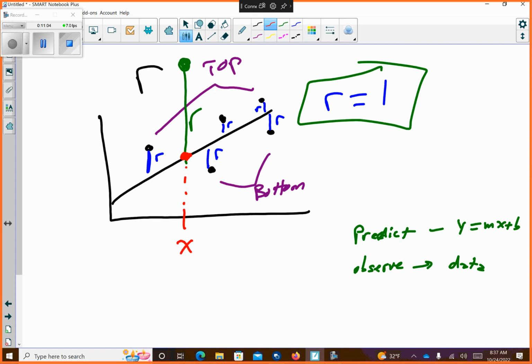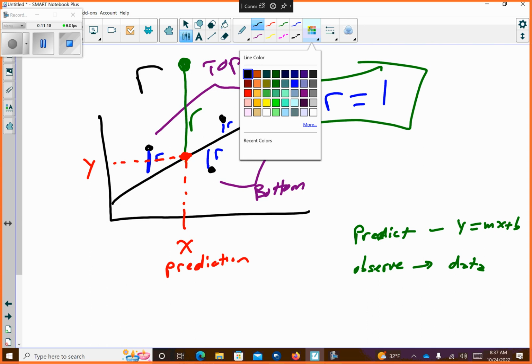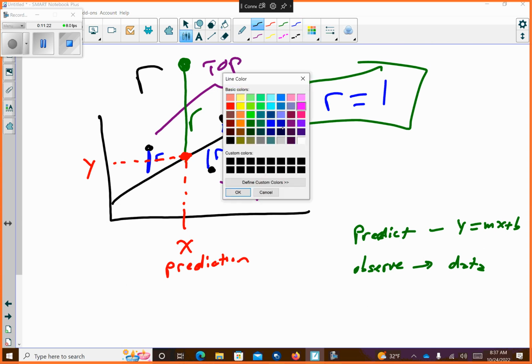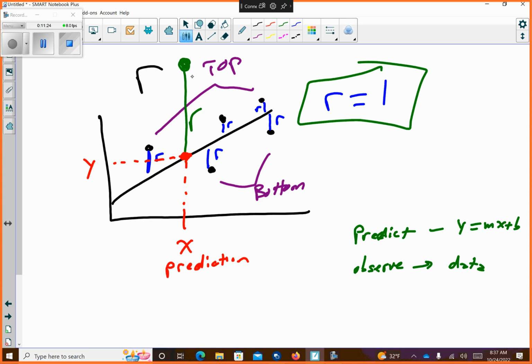That X value corresponds to a Y value here for a prediction. But if I do an observation, let's pick that's a good pink color. If I did an observation, notice this. We get a different Y value. So the pink is an observation.